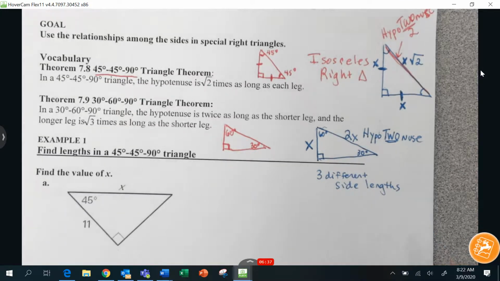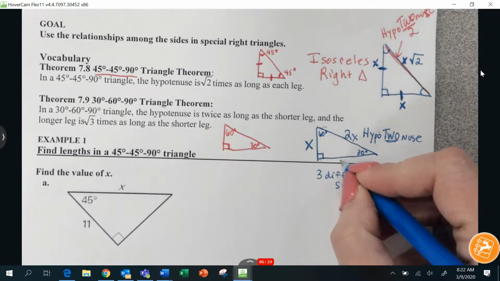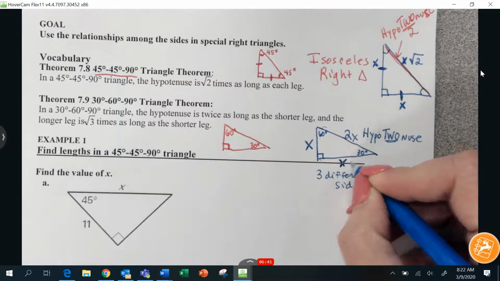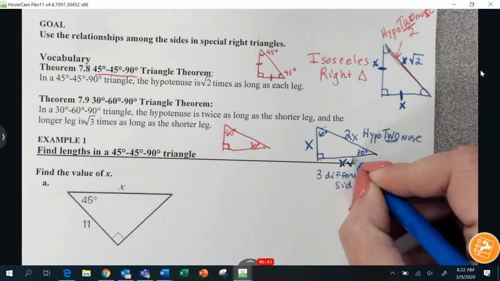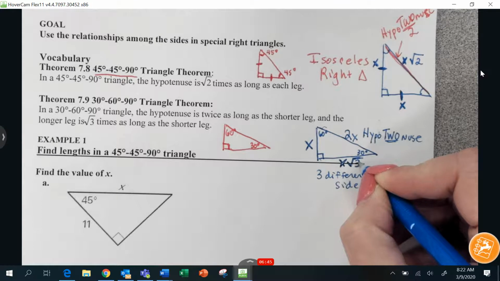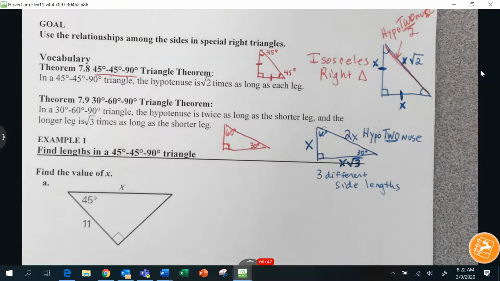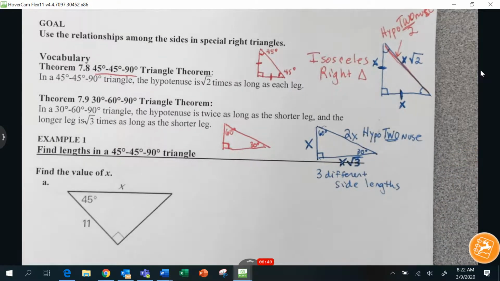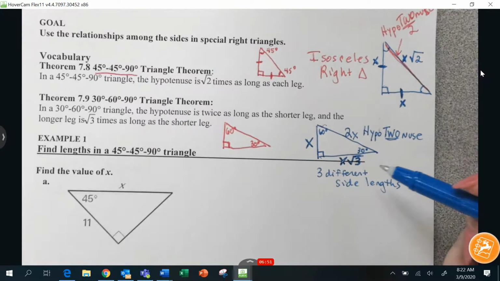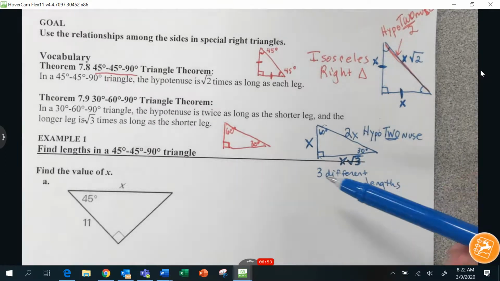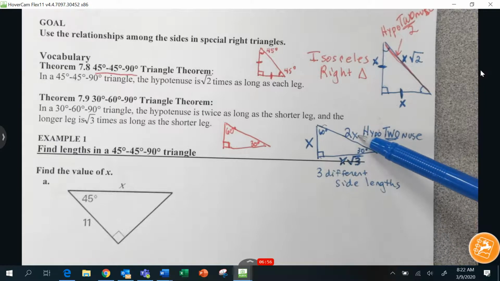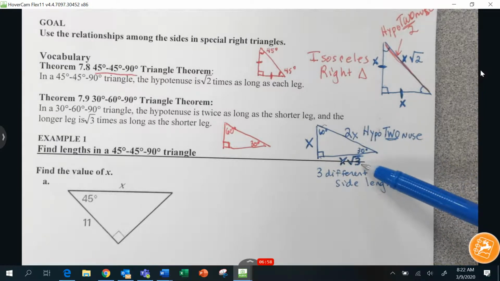The third side is x multiplied by a radical or square root 3. So if I know the shorter side, I can find the hypotenuse and I can find that medium side right away.